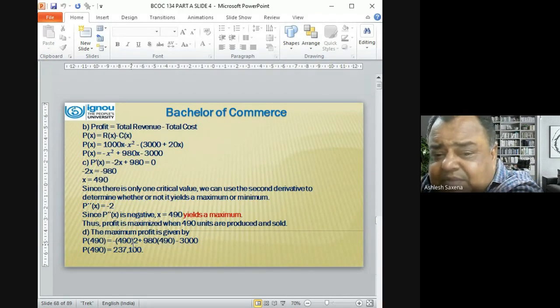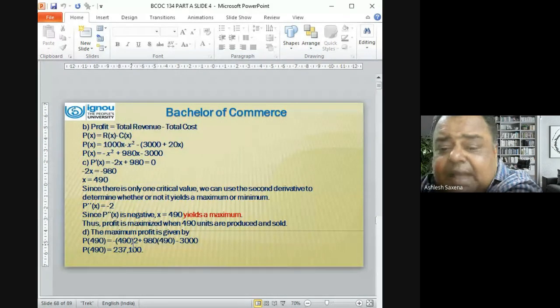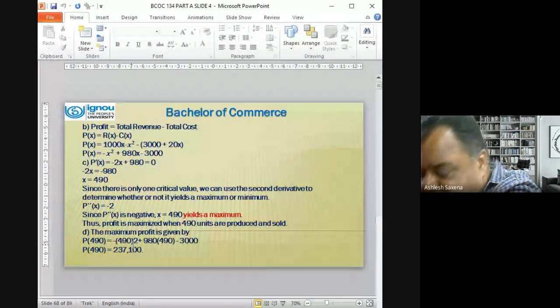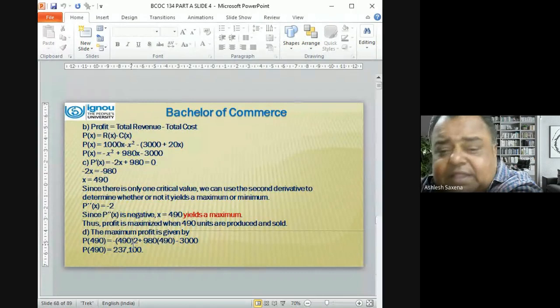Thus, the profit is maximized when the plant produces 490 units and sells them. Maximum profit is given by the profit function at 490. You will put the value of 490 in the profit function. That means P490 will be equal to 2,37,100.